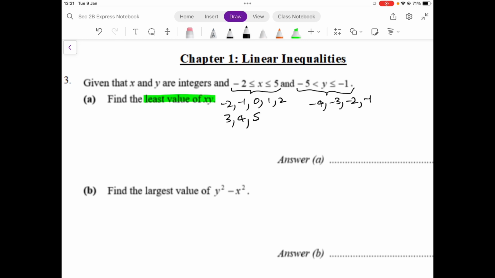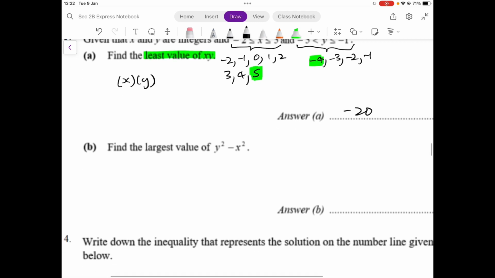So xy means x multiplied by y. So what we need to do, since y are all negative, we take minus 4, and the biggest positive value, 5. So minus 4 times 5 will be minus 20. Largest value of y square.